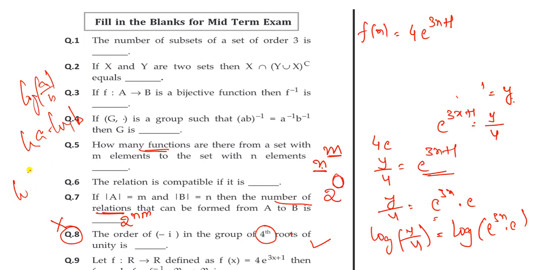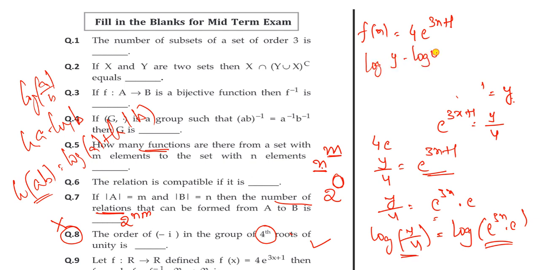If a product is there, we can write log a plus log b. So here division is there, so we can write log y minus log 4 equals log e to the power of 3x plus log e.